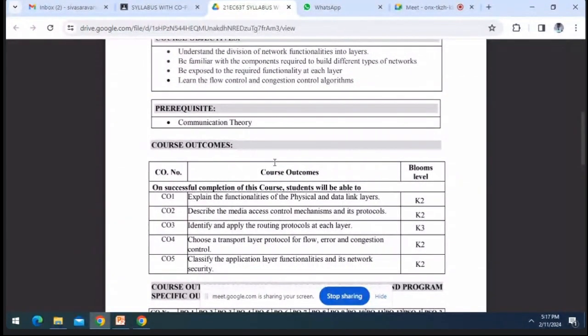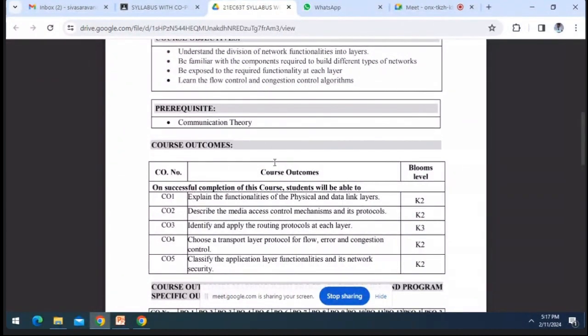After the successful completion of this course, we will be able to understand the functionalities of the physical layer, data link layer, network layer, transport layer, and application layer. Also, we can describe the media access control mechanism which we use in the data link layer. Also, we can identify and apply the routing protocols in the network layer.